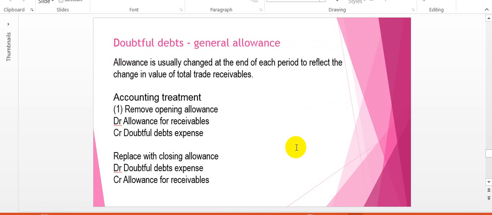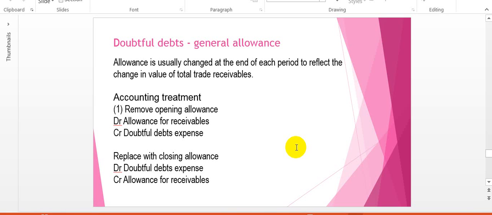We now look at a doubtful debt general allowance. The allowance is usually charged at the end of each period to reflect the change in value of the total trade receivables.